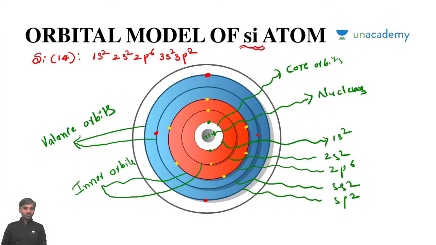So I told you these are the valency orbits. These are the inner orbits, then the core orbit, and then we have the nucleus. Then what is this last one? This is very important. This is what we call the first excitation orbit.